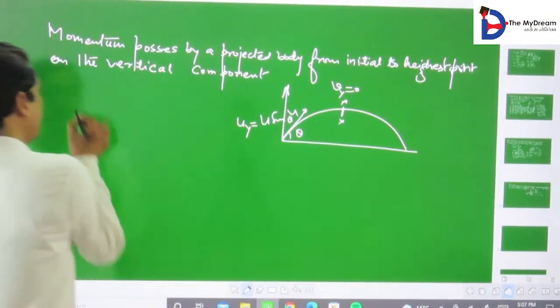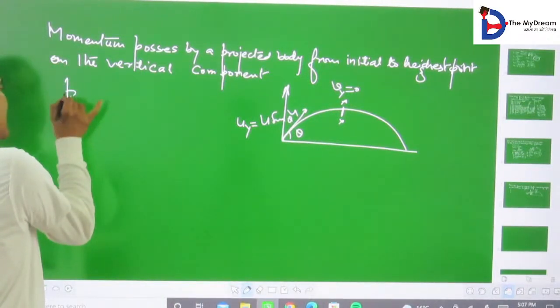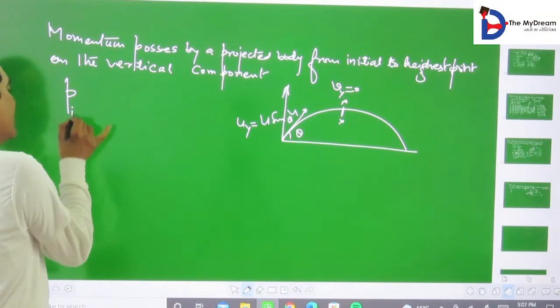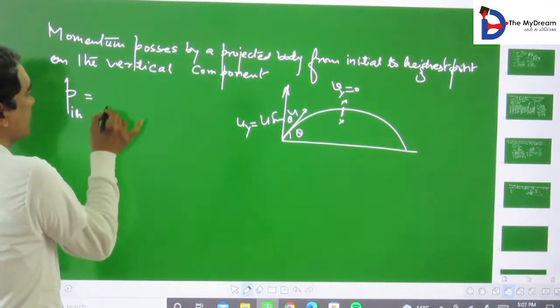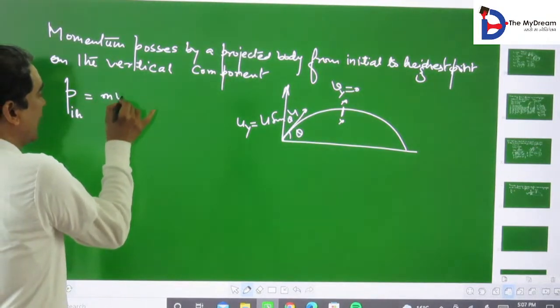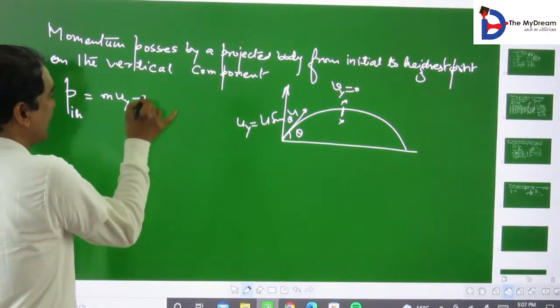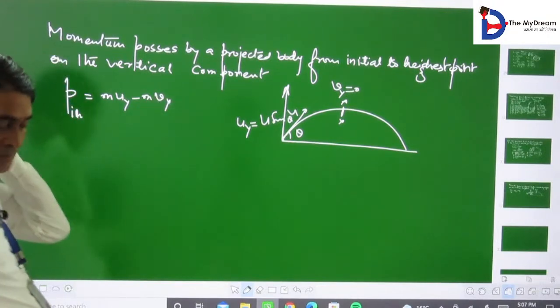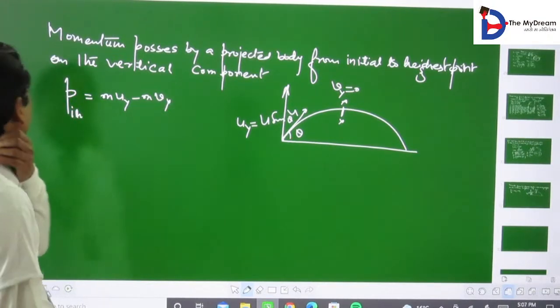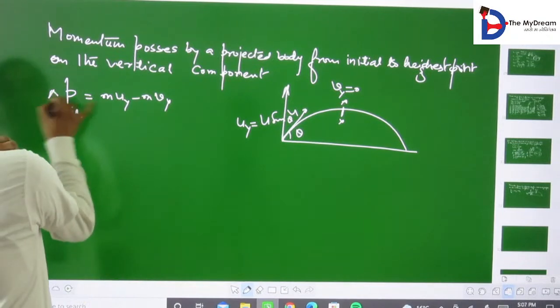So, momentum possessed by a projectile body from initial to the highest point, that is m uy minus m vy. That is a change in momentum.